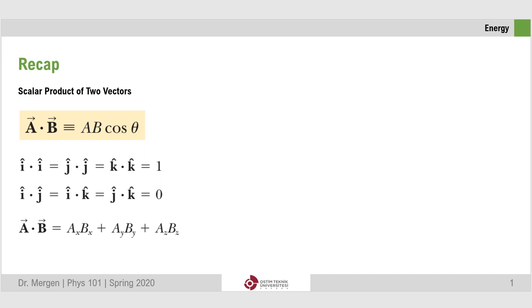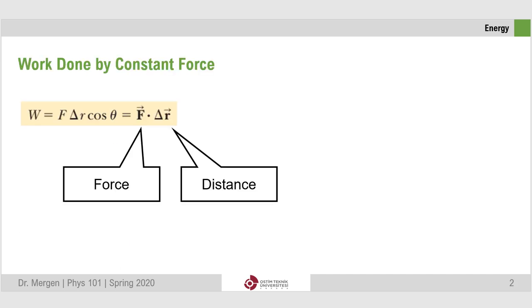And today we are going to use this operation to calculate work. In the last video, we defined the work as force times distance. But here we are only dealing with the force component parallel to the displacement, the movement actually.